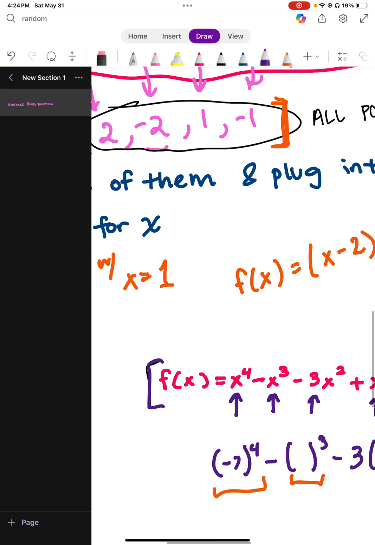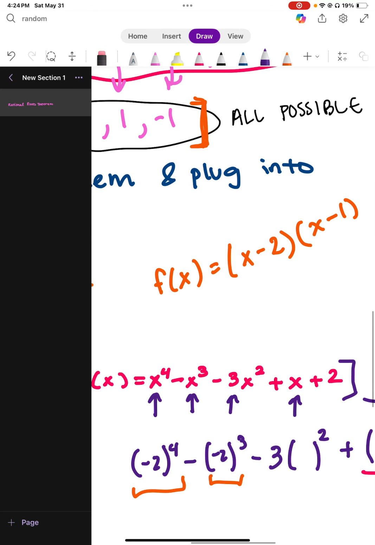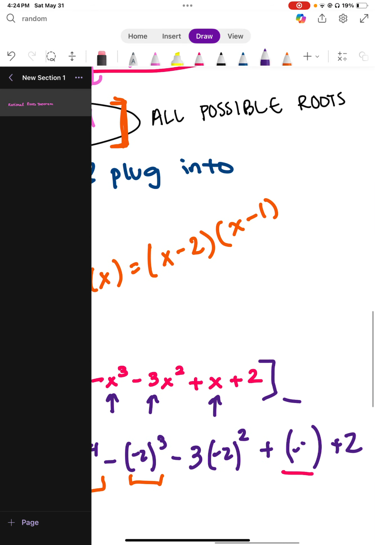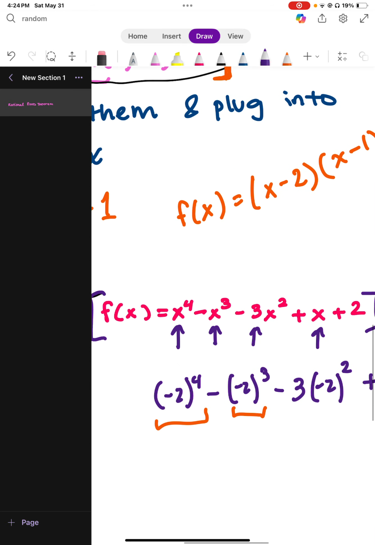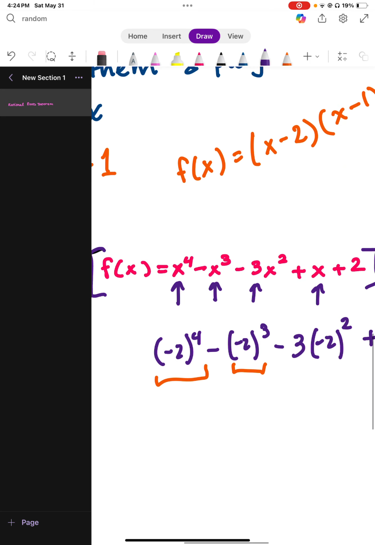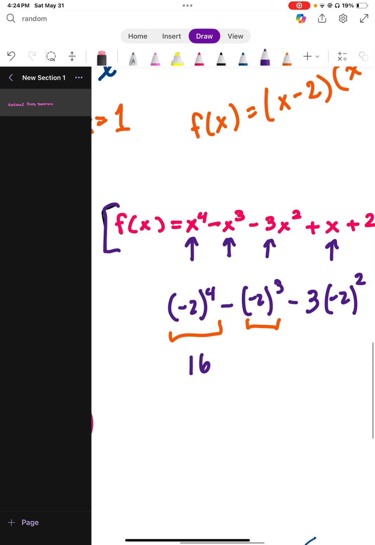Let's do minus 2. We talked about it last time. 2 to the 4th is 16, so it's going to be 16 here. But what happens to the minus? The minus goes away because it's even. So here, minus stays.